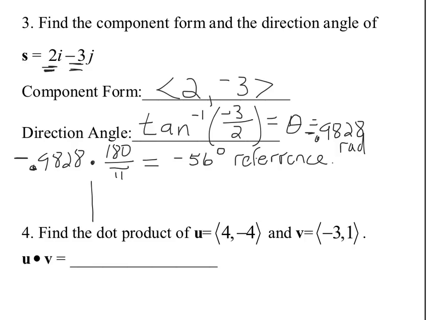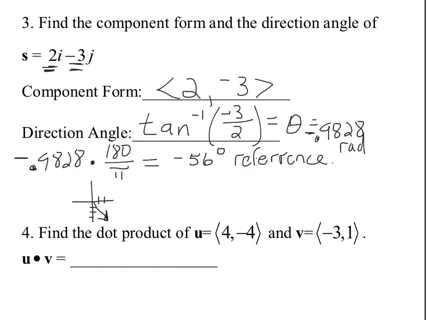So just go ahead and draw a little picture for yourself, a little quadrant, and then put that point on your quadrant. Well, this is point 2, -3. So if I go over 2 and down 3, that puts the end point of my vector about right there. And that's located in quadrant 4.